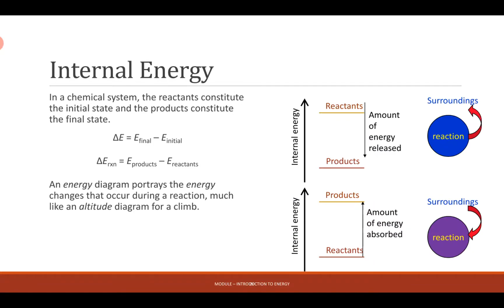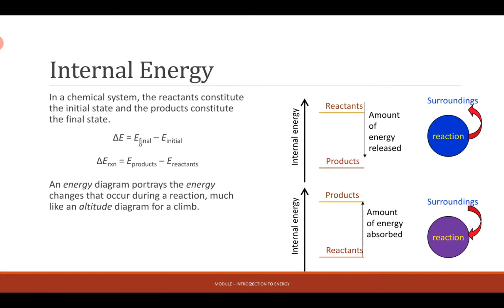So internal energy is a state function. And we can talk about the change in energy by looking at the energy of the initial state, which would be like our reactants, and then the energy of the final state, which would be our products. And so when we find energy for a reaction, we always do final minus initial.